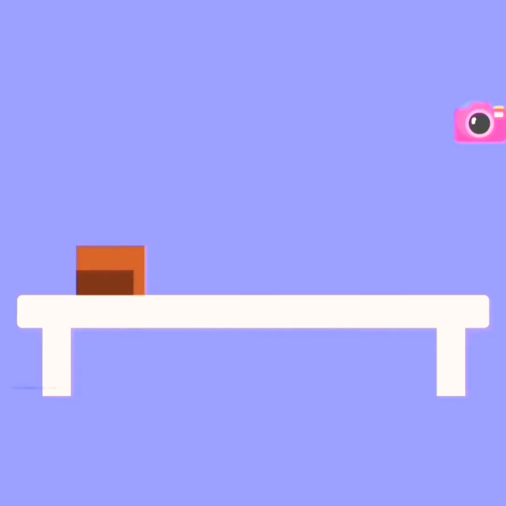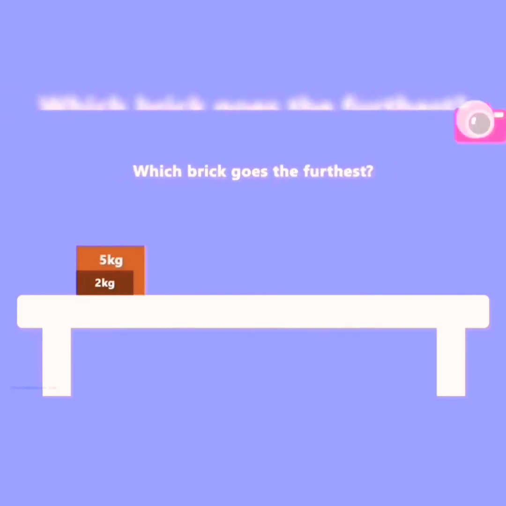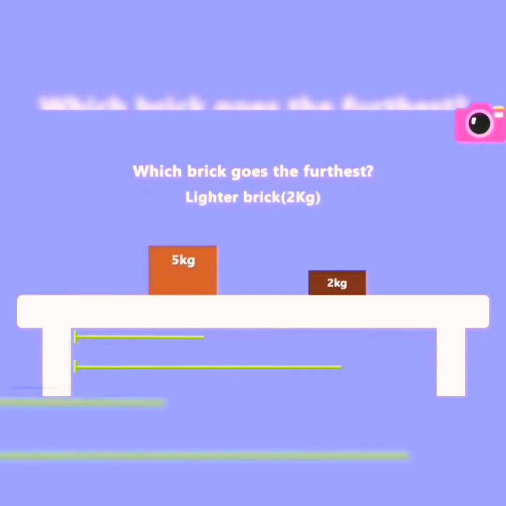See another example. As we can see, there is a table and two objects with different mass. The first object has 2 kg and the second one has 5 kg. So tell me which object will go the farthest. As we can see, the first object, which has 2 kg, will go the farthest because of the friction.